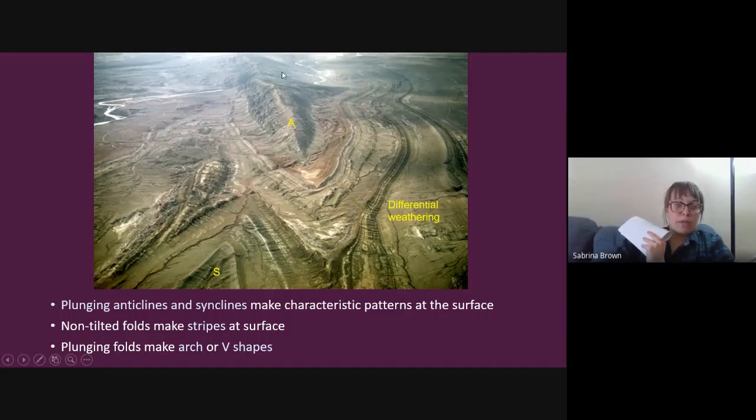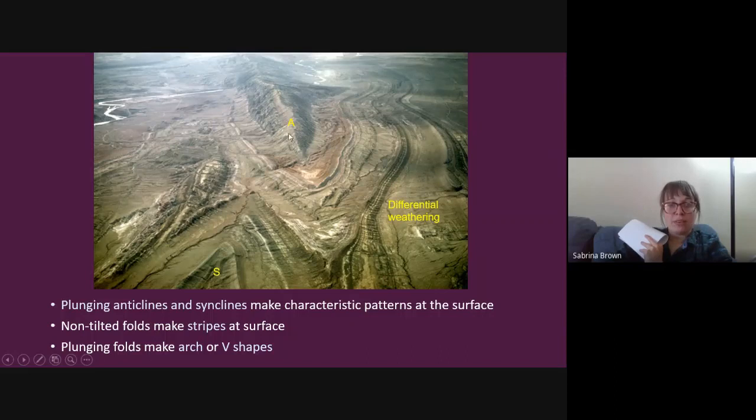So we get V or arch shapes. Here's a syncline where you can see as it plunges down, we're creating this V shape. Here's our anticline. As you can see, as it's plunging down, we're creating this V shape.